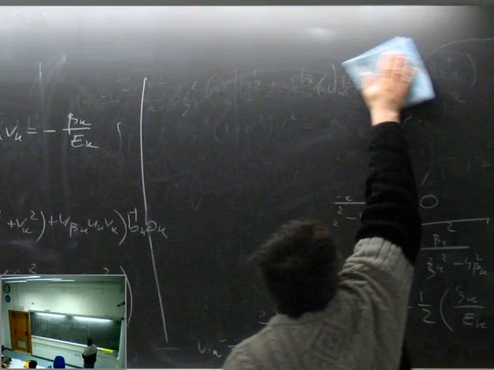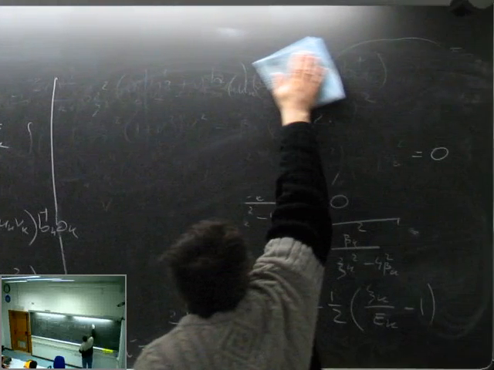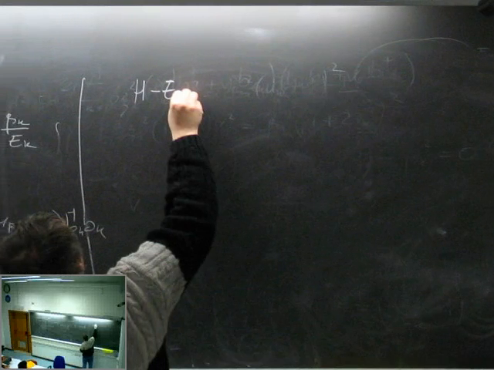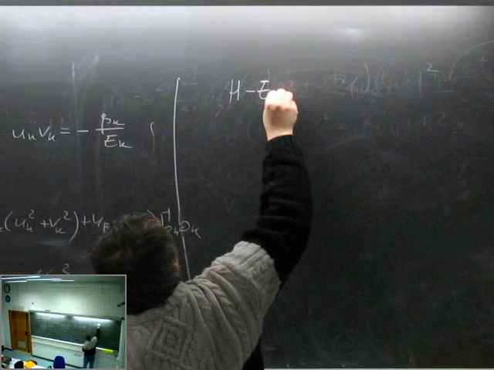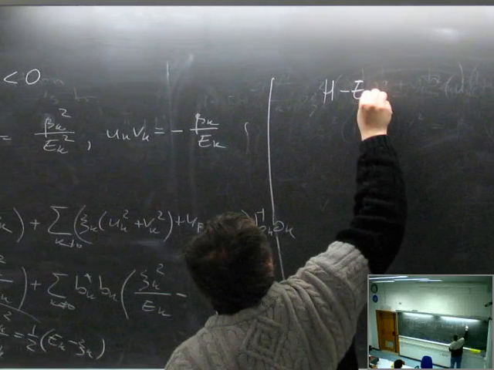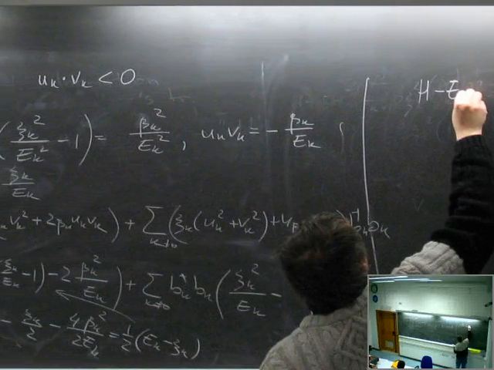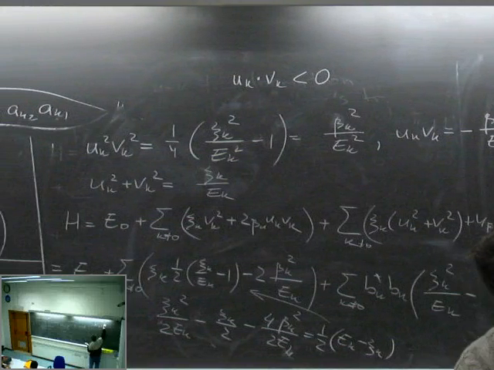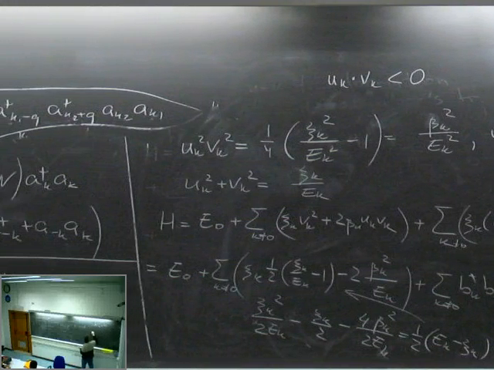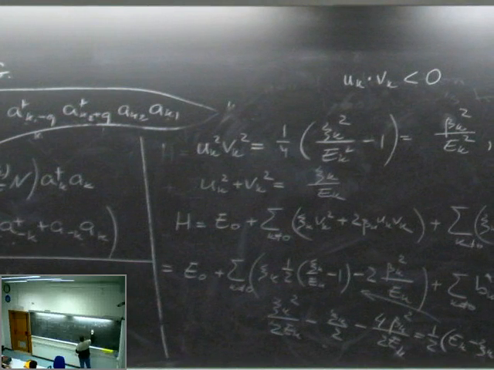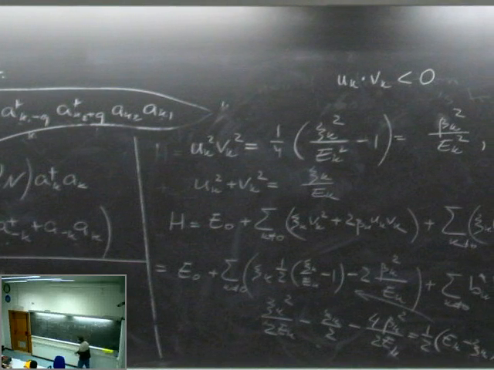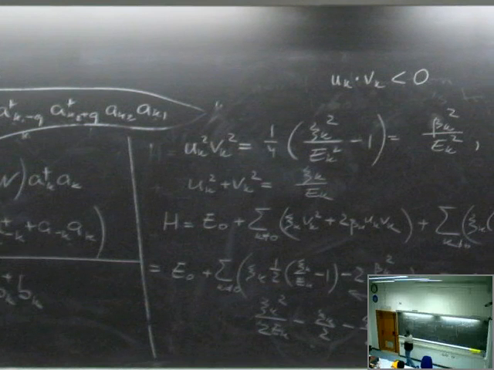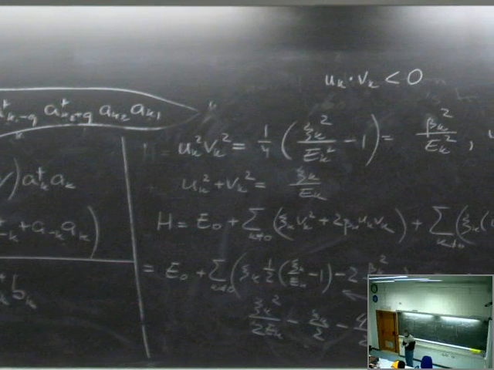So, my Hamiltonian H minus E naught tilde is equal to the sum over k not equal to 0 of epsilon k b_k dagger b_k, where epsilon k is equal to a square root. Now I will plug in psi and beta.